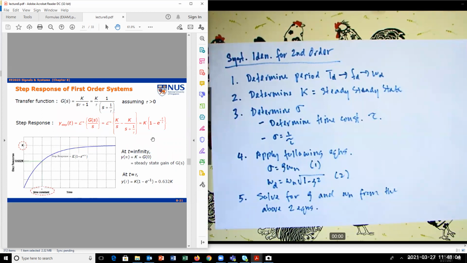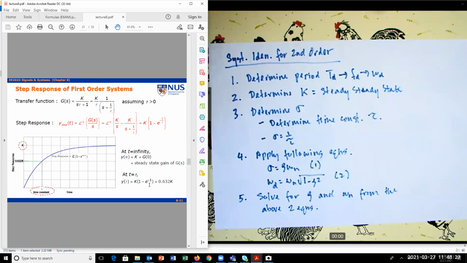First order system. This was the equation. When t tends towards infinity, it becomes K, because e to the minus infinity is 0. When t equals tau, you have e to the minus 1.